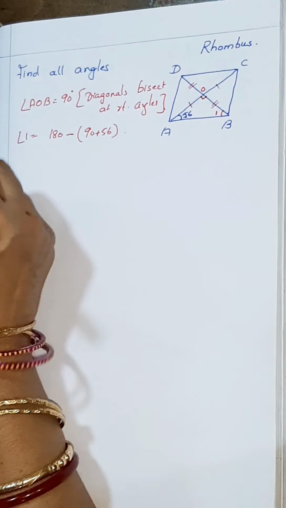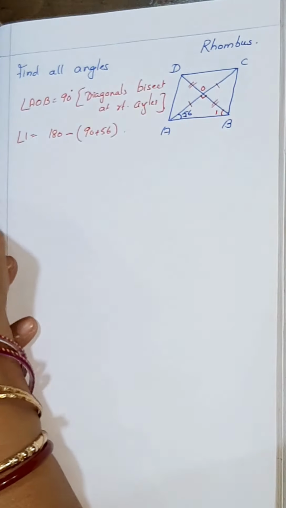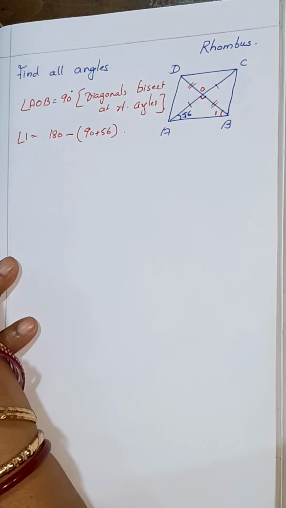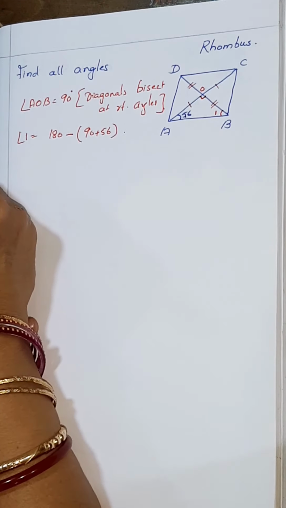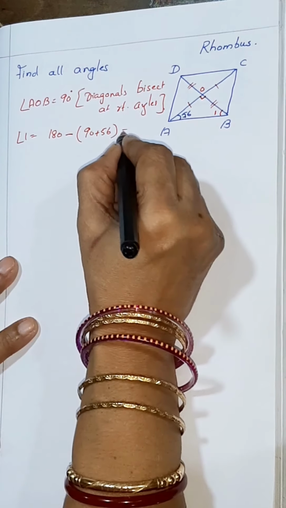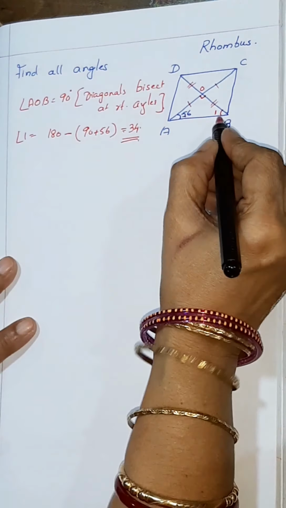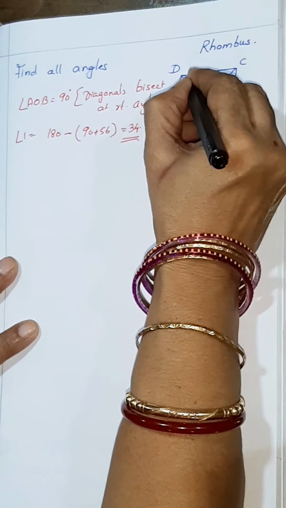So this is equal to 180 minus 146, that is equal to 34.